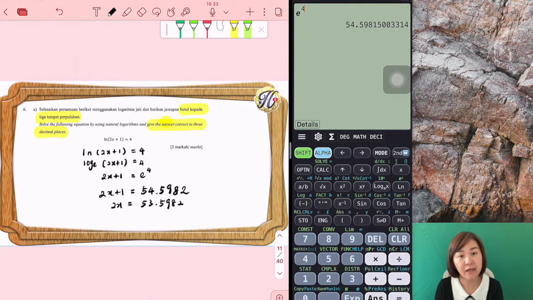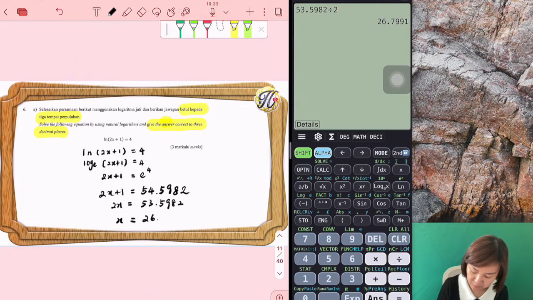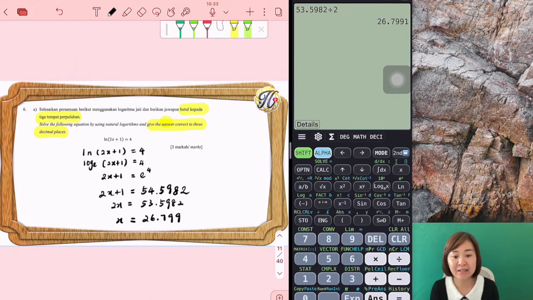Then after that, divide by 2. So my x is that divided by 2. We can check with the calculator. 53.5982 divided by 2, what do I get? 26.799. Give it to 3 decimal places only.